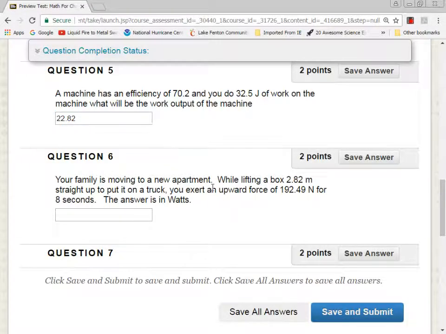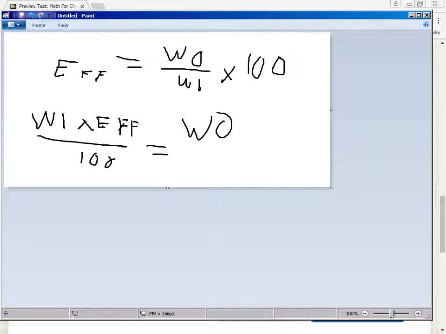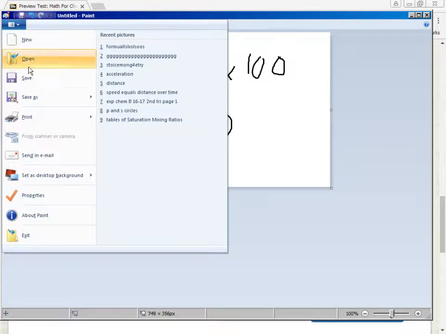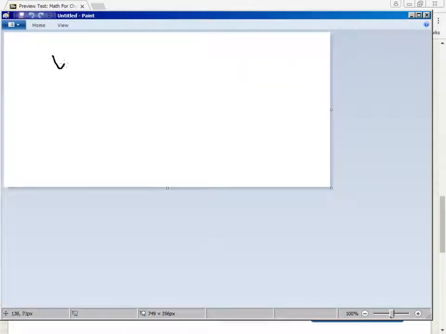And then here is our first question in watts. And in watts, the formula is, oh, here's your efficiency. In watts, our formula equals watts equals force times distance over time.